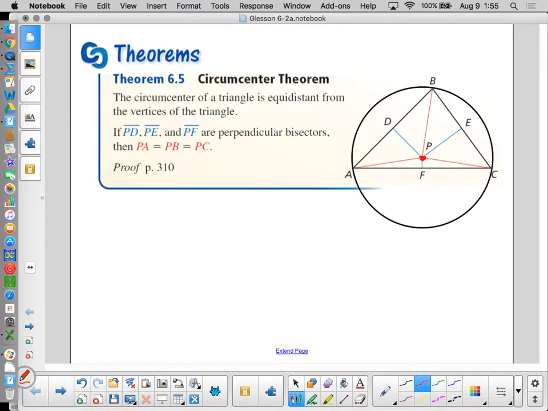So if I look only at, say, segment BC, and I know that PE here is the perpendicular bisector, then I know that these two segments, PB and PA, have to be congruent. That's what we learned. They're like radii of a circle. They're congruent. It's the circumcenter.